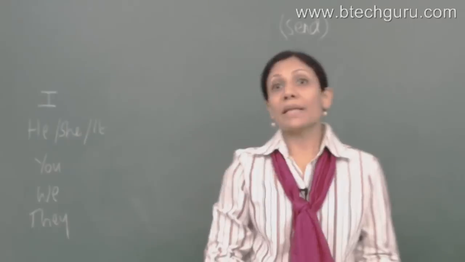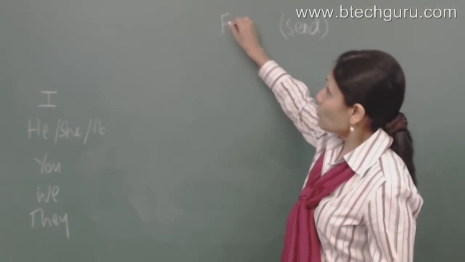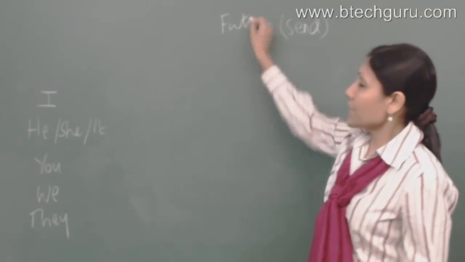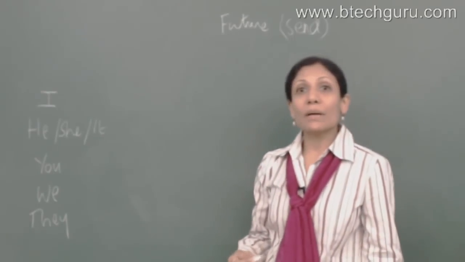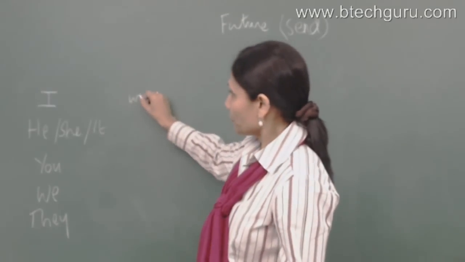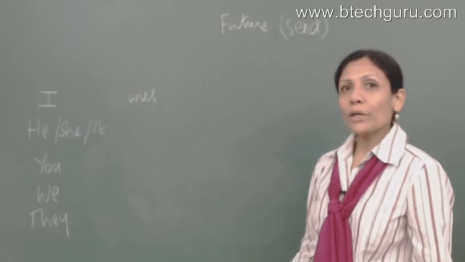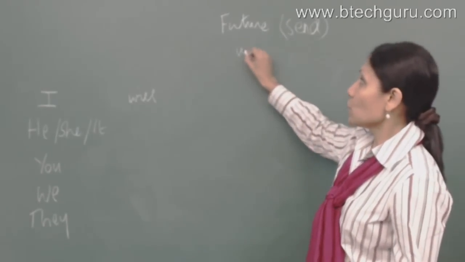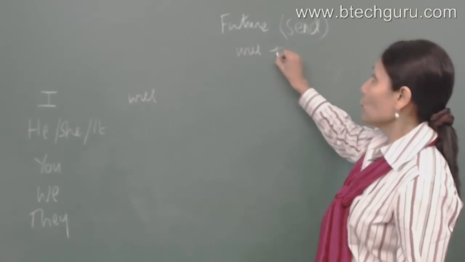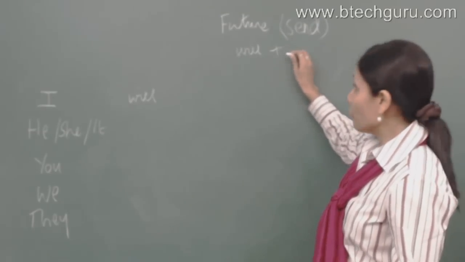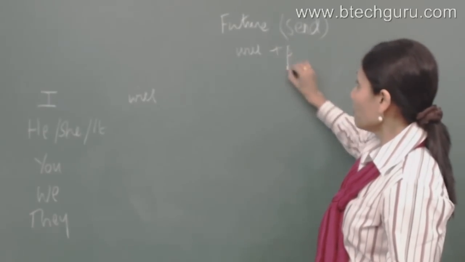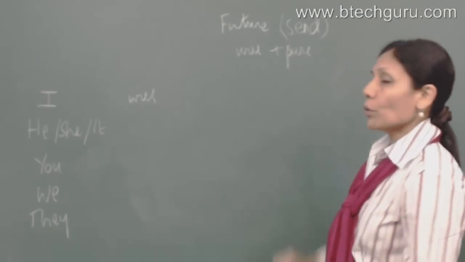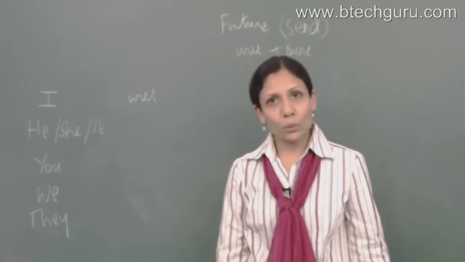So let us start with now the main tense for future, or future tense as we call it, and you will hear that word will. So when you're using future tense, remember we use this will and we use the pure verb. Again, it has to be only the pure verb. Pure verb or infinitive verb will have to come with will.